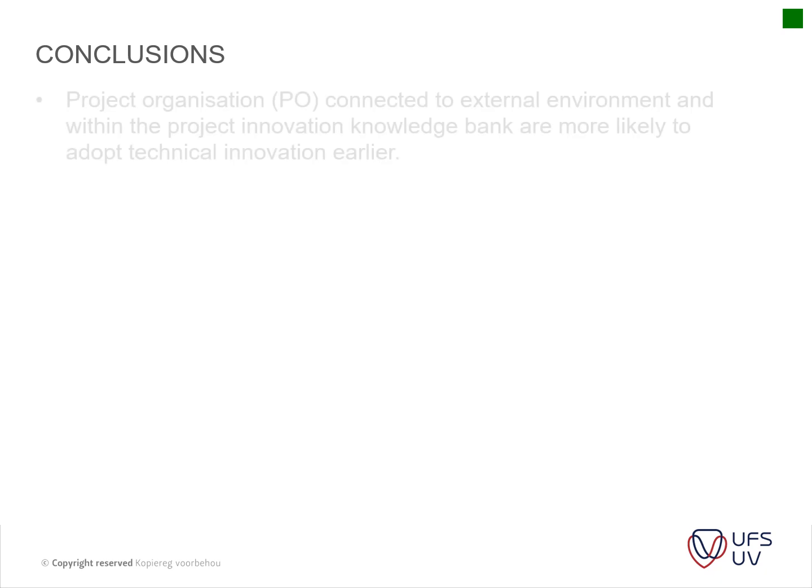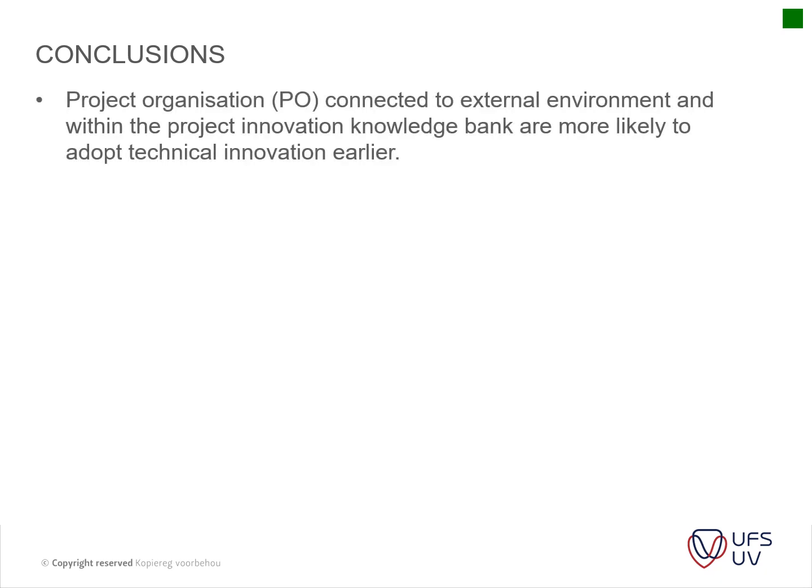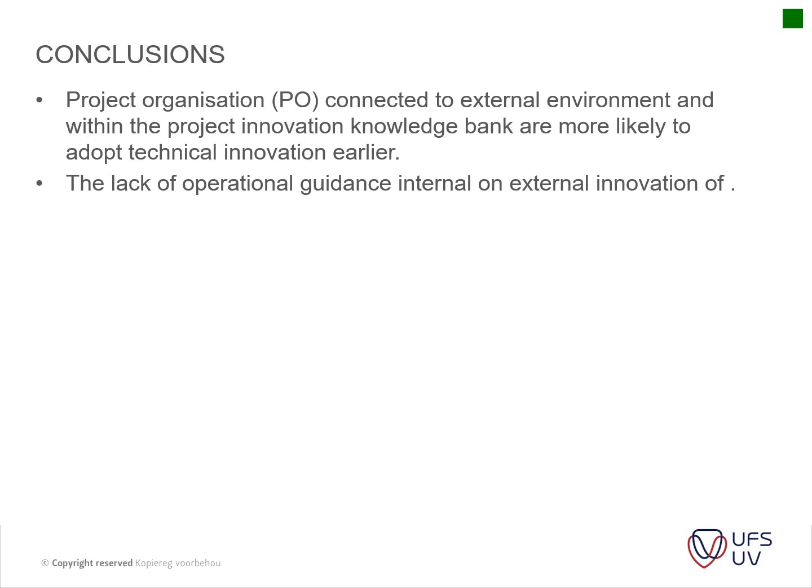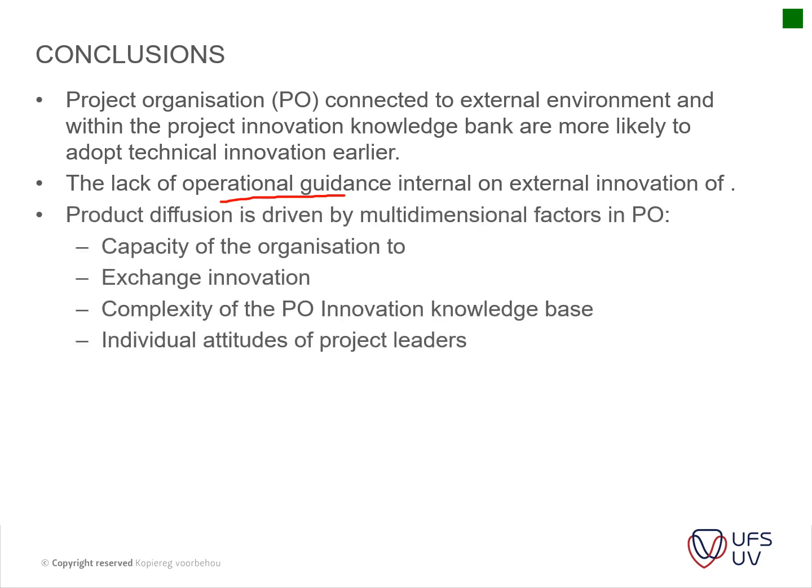The final conclusion is that project organizations connected to external environments and with an innovation knowledge bank within the project are more likely to adopt technical innovation earlier. The lack of operational guidance on internal or external innovation, basically guidance on how to adopt innovation, is a challenge.